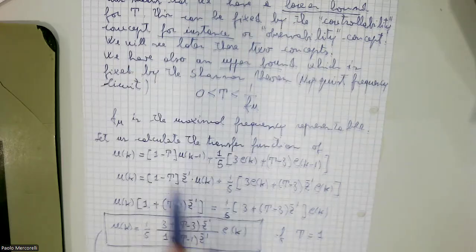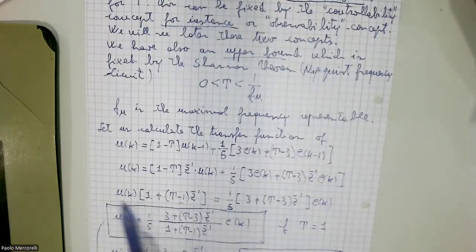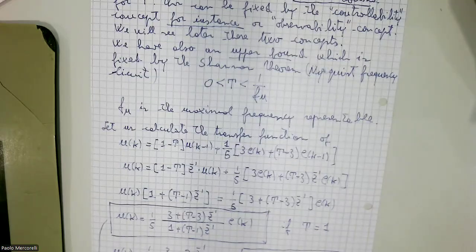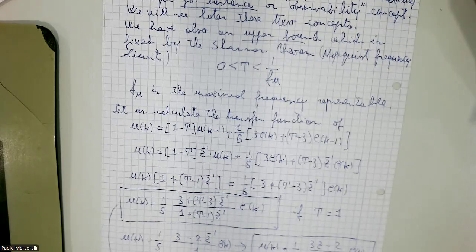Now, once we replace this with easy calculation as before, you remember we want to calculate the transfer function. This means on the left part, we have to consider everything which depends on u of k. On the right part, we have to consider everything which depends on e of k. Do you remember this separation in order to calculate the transfer function?